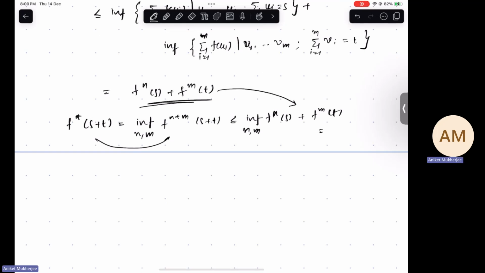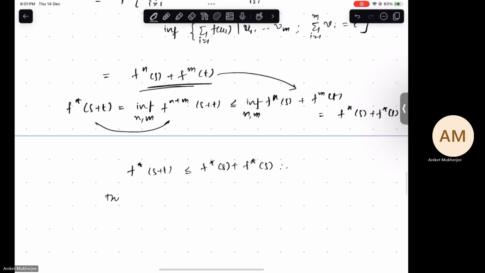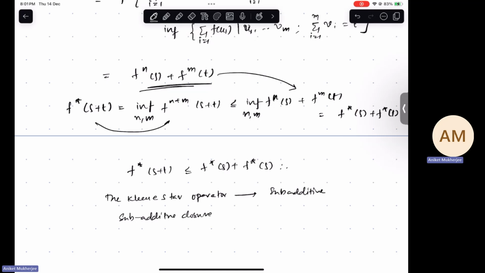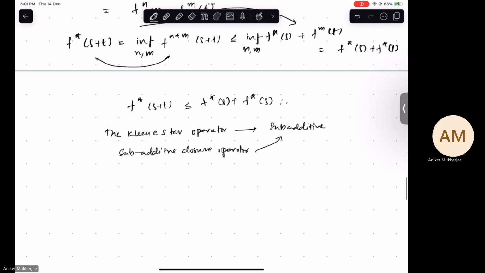Okay, so now this is equal to f star(s) plus f star(t). Then what we have shown is f star(s+t) is less than or equal to f star(s) plus f star(t). Therefore, we have shown that the Kleene star operator is subadditive. Or you can say that this is the subadditive closure operator. We have shown that that is subadditive. Okay.